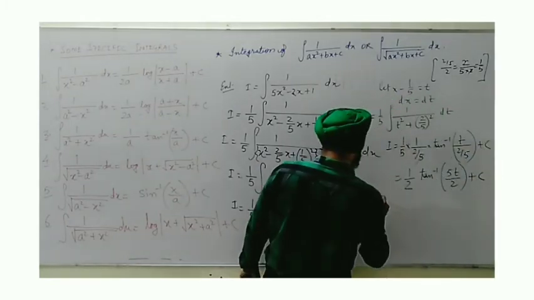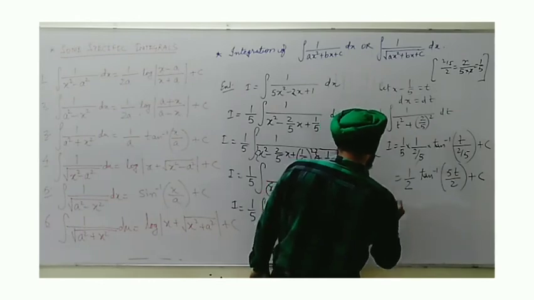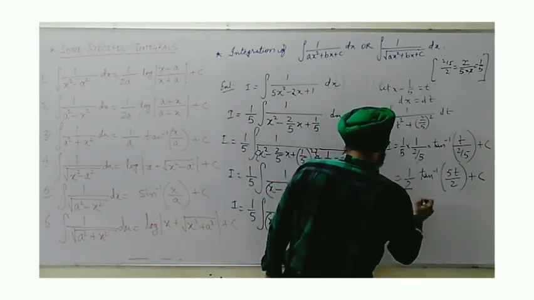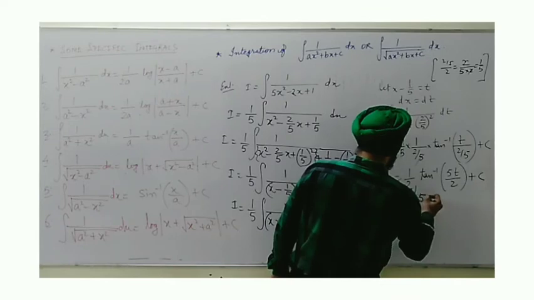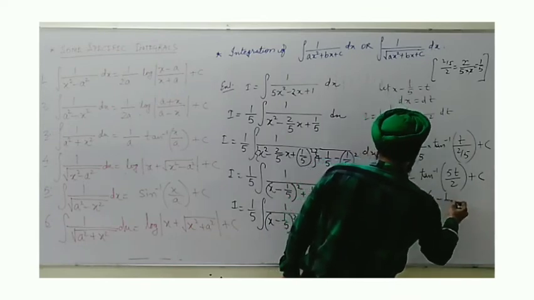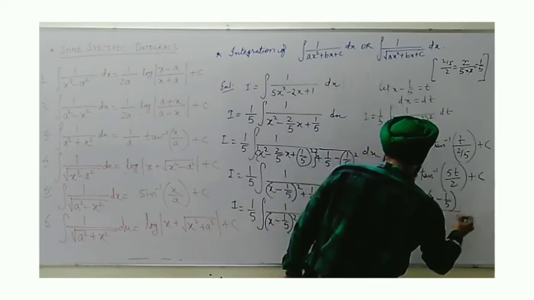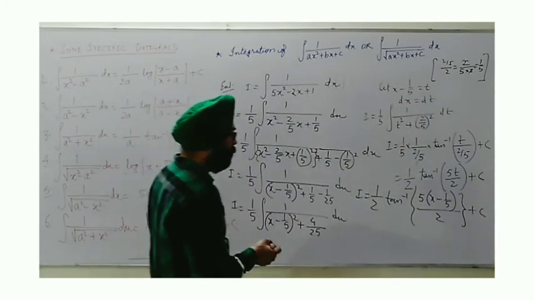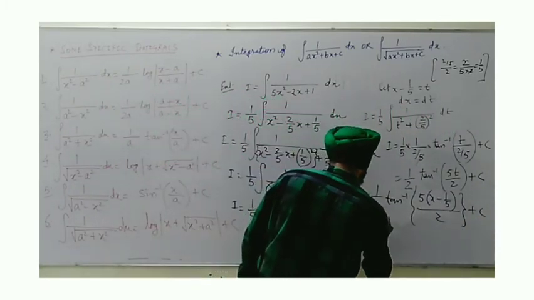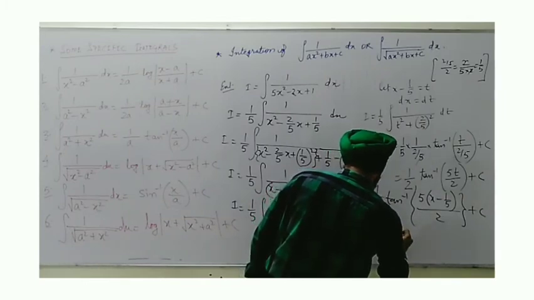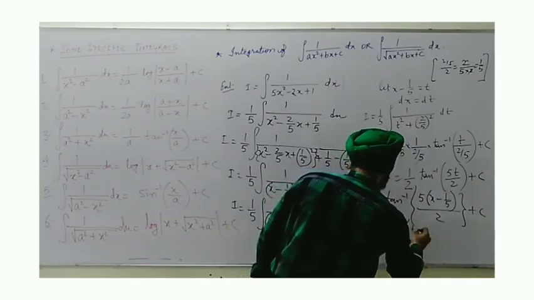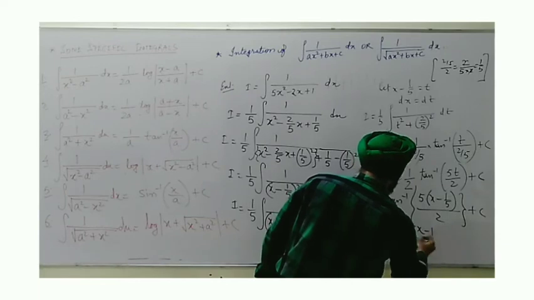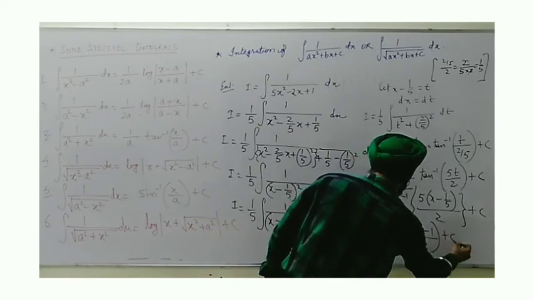We substitute, we get I as 1 by 2 tan inverse 5 times x minus 1 upon 5, by 2, plus c. Now if we simplify, we find I finally as 1 by 2 tan inverse 5x minus 1 upon 2 plus c.